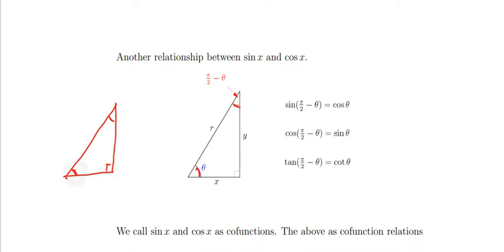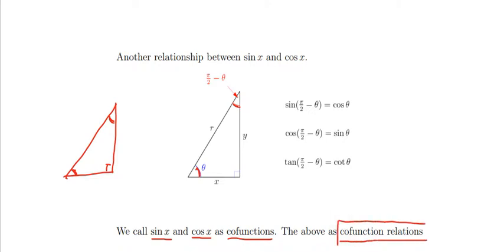And this angle's tangent equals that angle's cotangent. We call those co-functions. So sine and cosine are co-functions; the two functions are quite closely related. We call those co-function relationships.